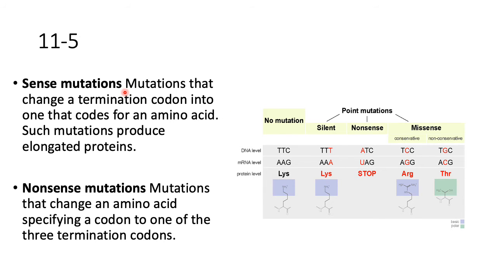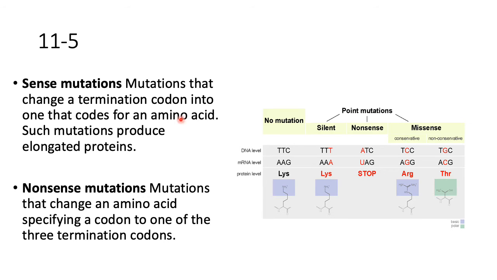And so in this case, a sense mutation, the mRNA would be like a run-on. So instead of stopping where you're supposed to at the end of the protein, it would keep translating the rest of the amino acid code that really shouldn't be there. Why? Because simply the stop codon was changed from a stop into an amino acid.